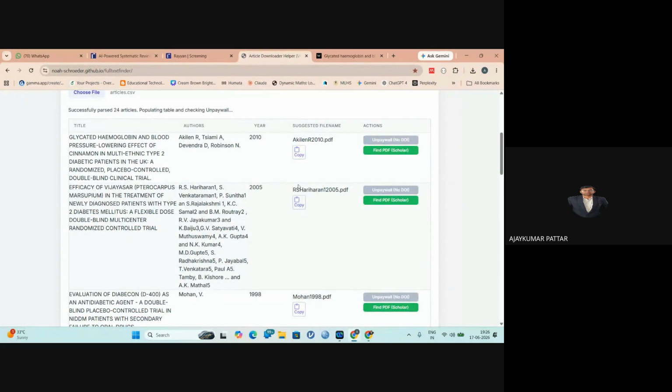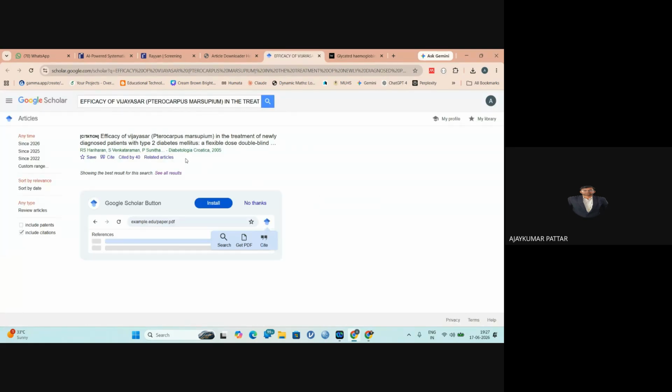Then for the second one, I will copy the name and find the PDF. This particular paper is also not available, as it is only cited by some 40 people, but it is not available openly.